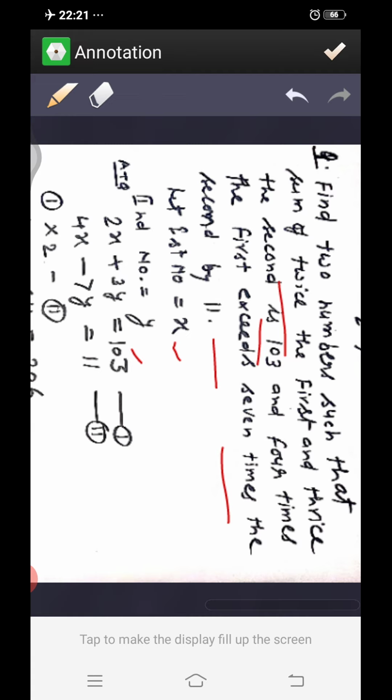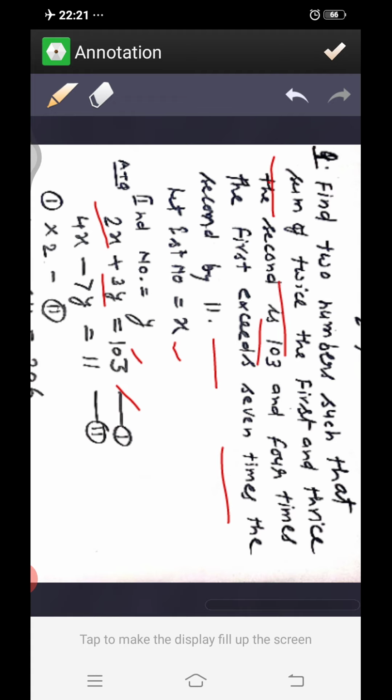Now twice the first, that means 2 multiplied by the first number, that is 2x, and thrice the second, that is 3y. The sum of these two, that means 2x plus 3y, is equal to 103. Here we get the first equation.